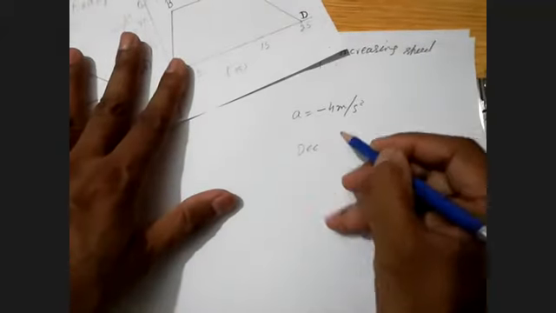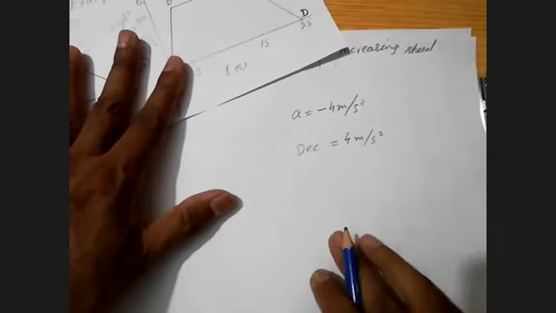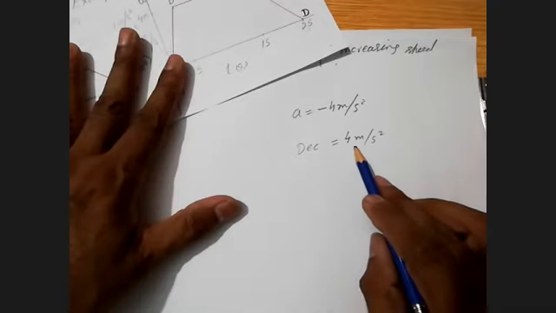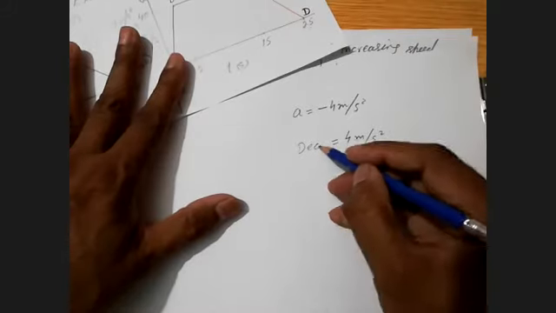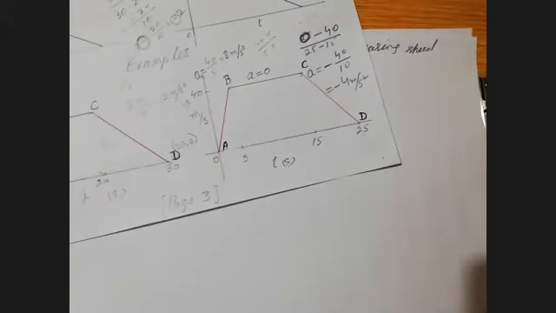Deceleration is equal to 4 meter per second square. So remember this, with the word deceleration there is no need to mention the negative sign, because the word deceleration itself suggests that the speed is decreasing.